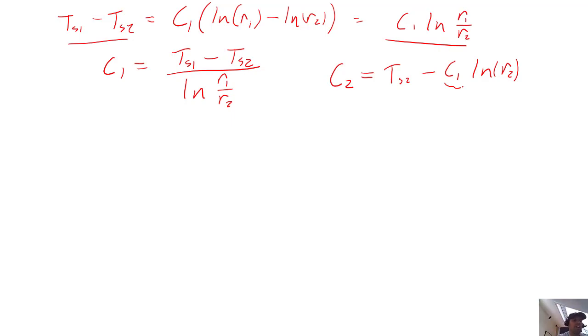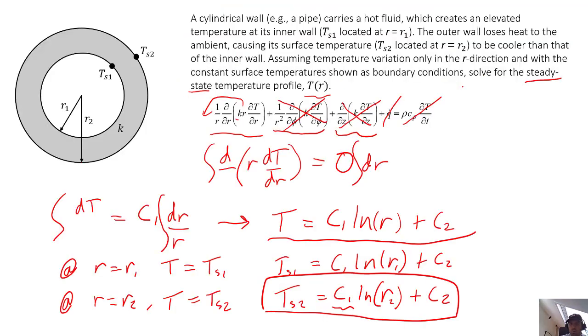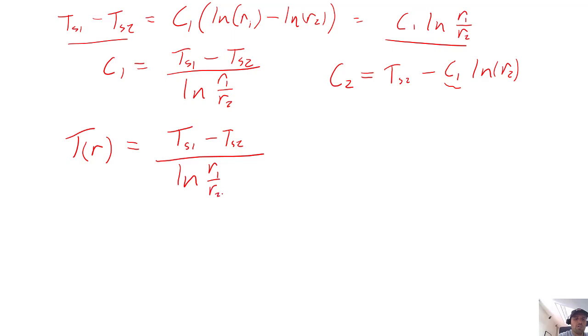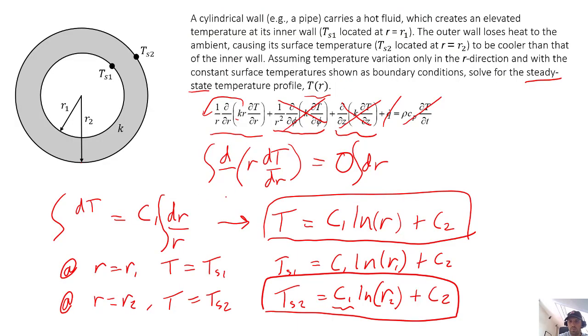So going back and substituting everything back in, we go back to this general form of our equation and plug in both C1 and C2. So we end up with our temperature profile. Our temperature as a function of R is equal to, here's our C1, that's TS1 minus TS2 divided by the natural log of R1 over R2 multiplied by natural log of R, which is just this part.